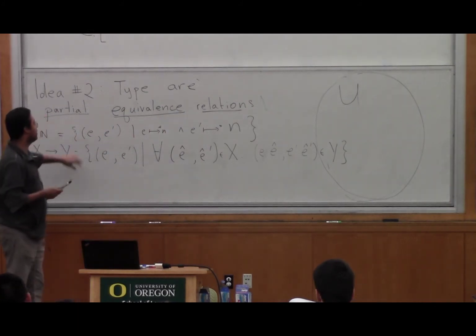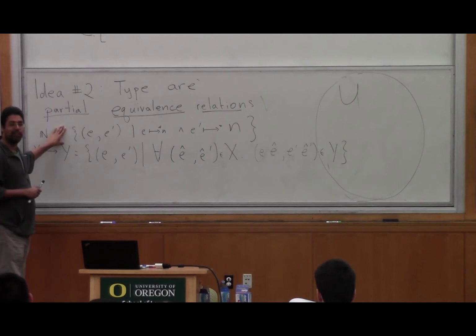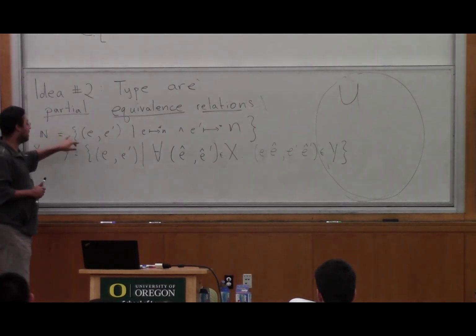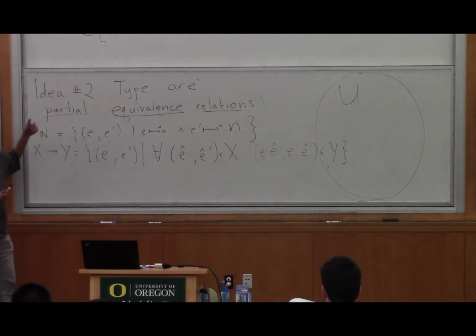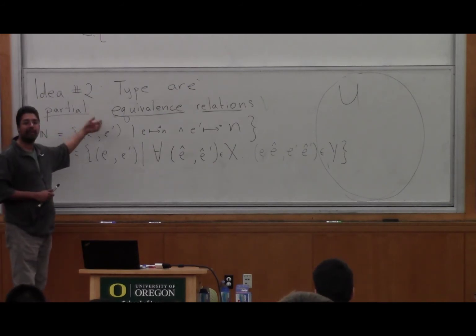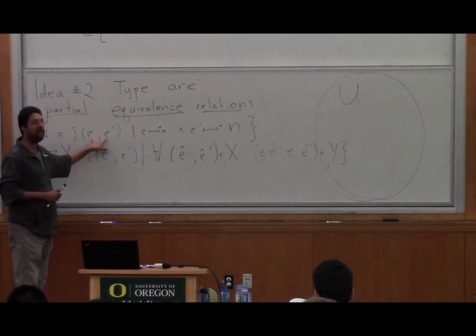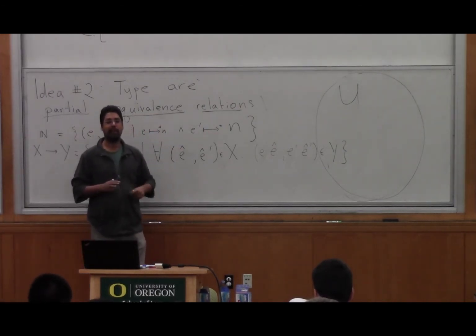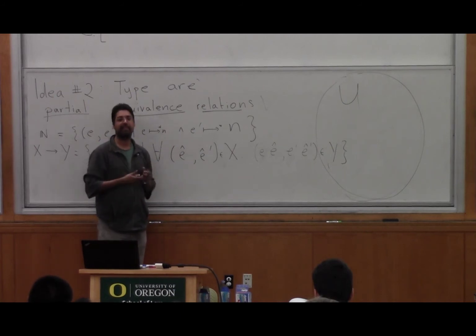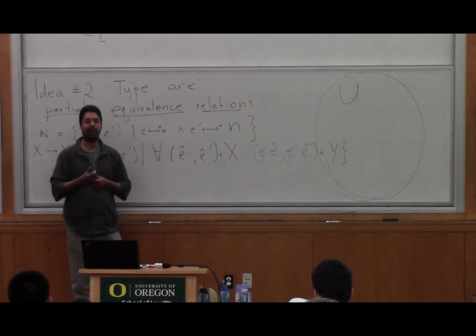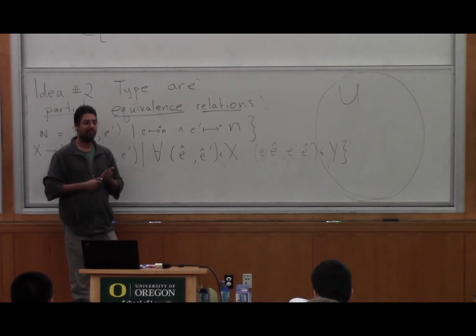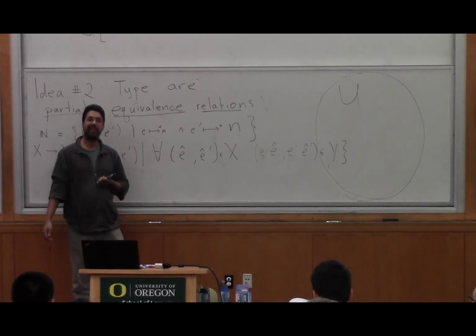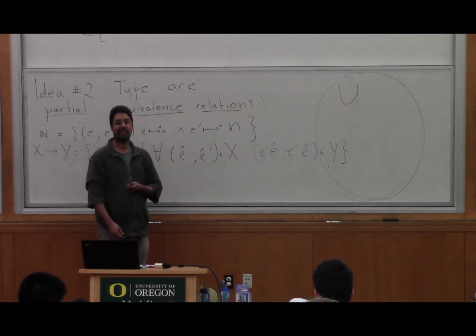Well, here what we're doing is we're defining the natural numbers to be the equivalence relation on the universe to be the subset of the universe consisting of those pairs E, E prime, which both reduce to a natural number. So we're just asserting that this is what it means to be a natural number. And so if you have a term that evaluates to a natural number, it's in the relation.